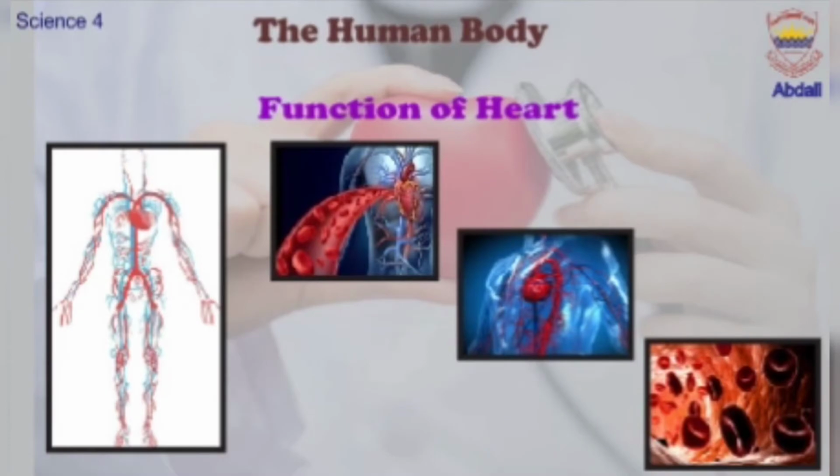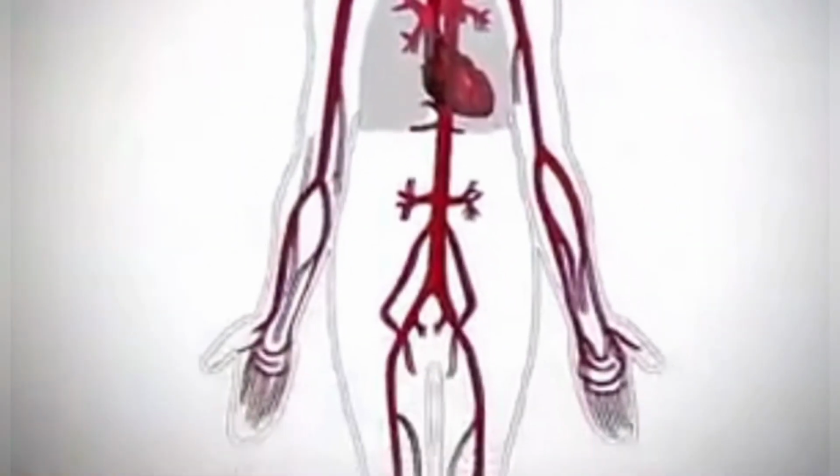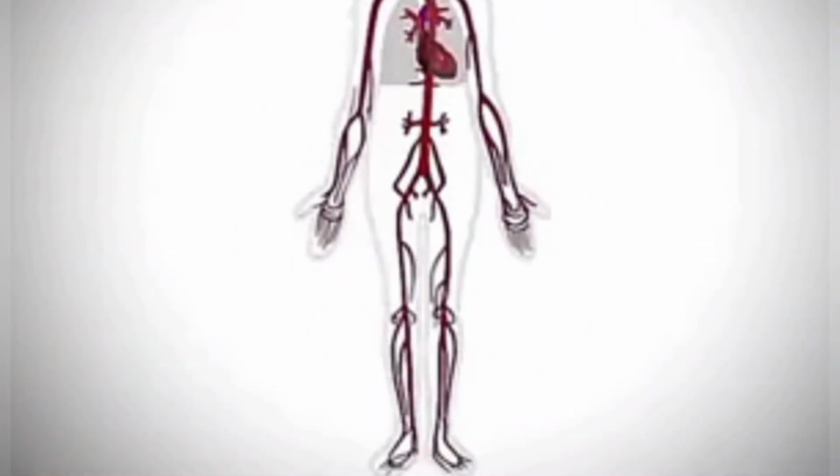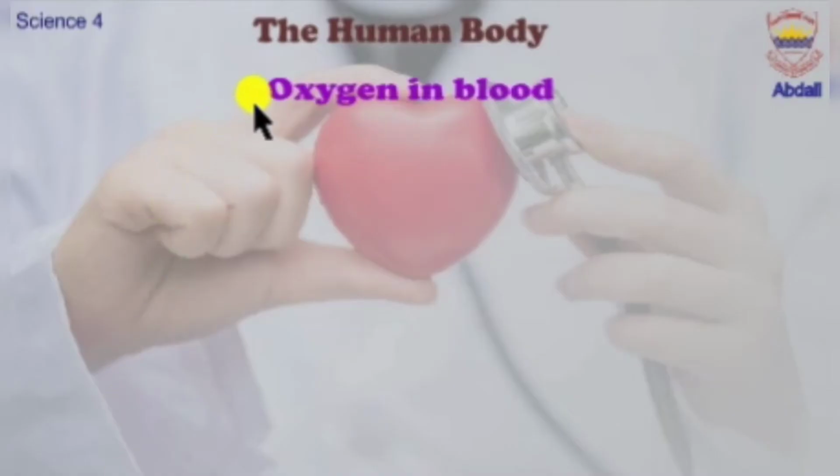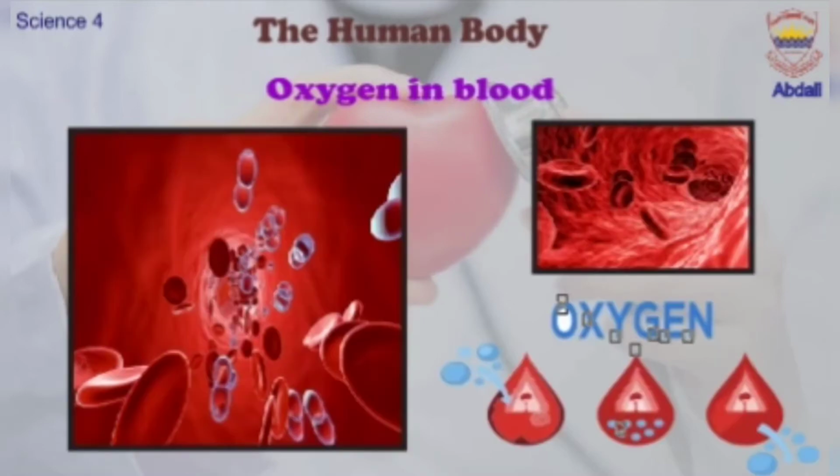The heart pumps blood all around our body. Oxygen in our blood. Dear students, let's learn about the oxygen in our blood. Oxygen is a gas that humans need to live and grow.